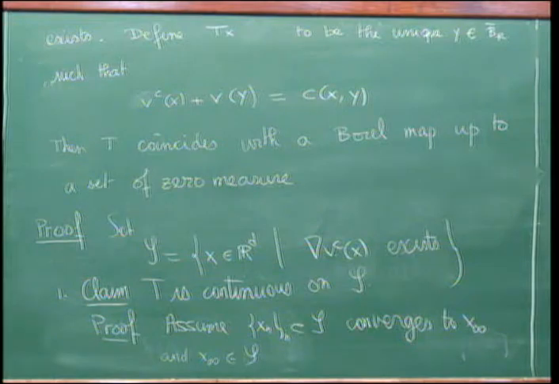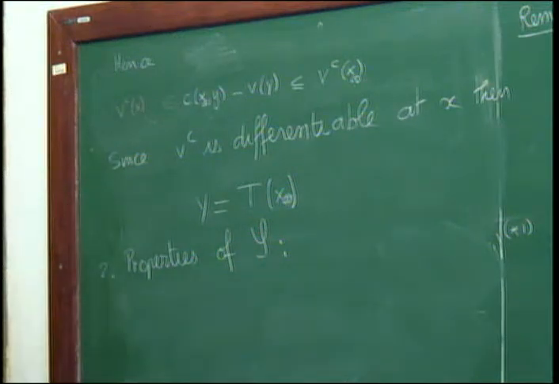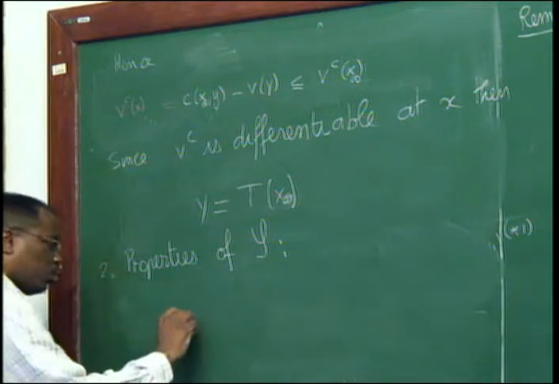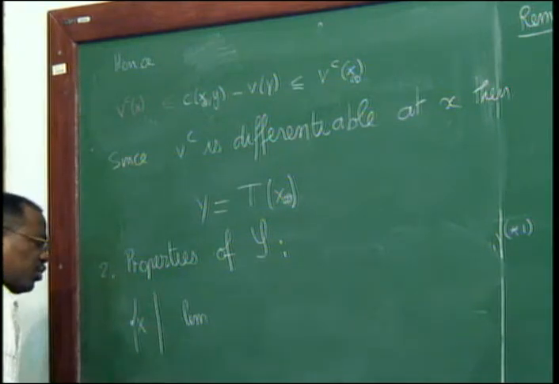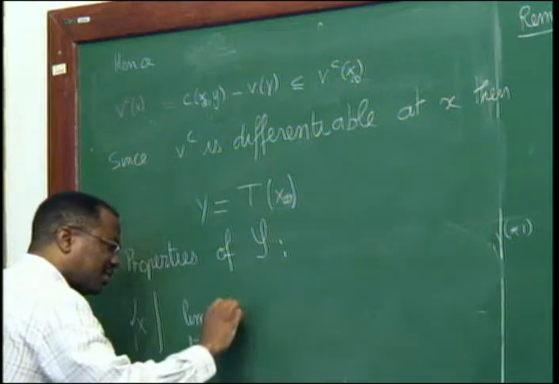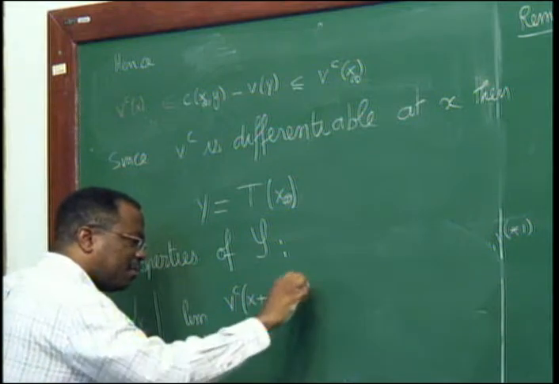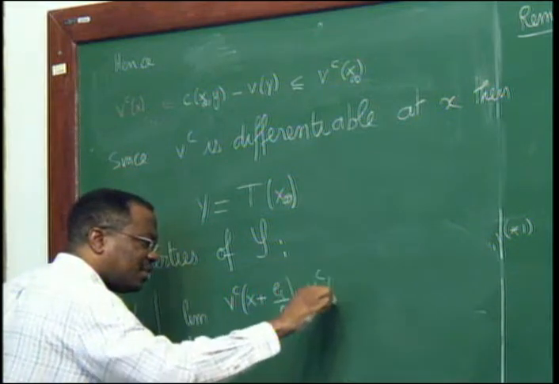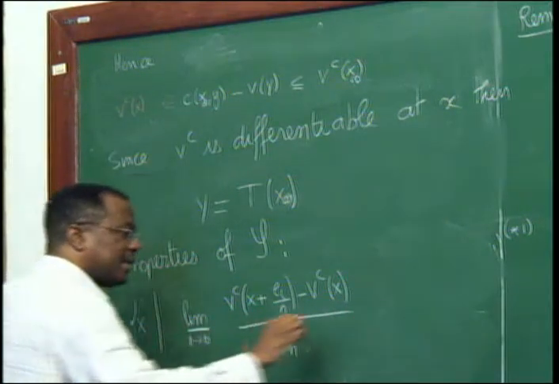Second property of S. I am going to look at the set of x such that the limit as n goes to infinity of Vc of x plus e_i over n minus Vc of x, over 1 over n, the lim inf is equal to the lim sup.